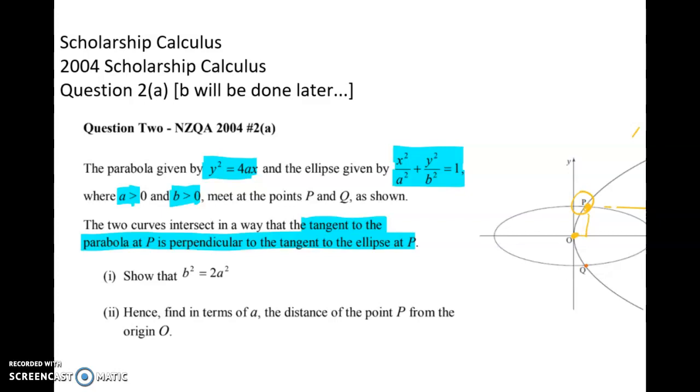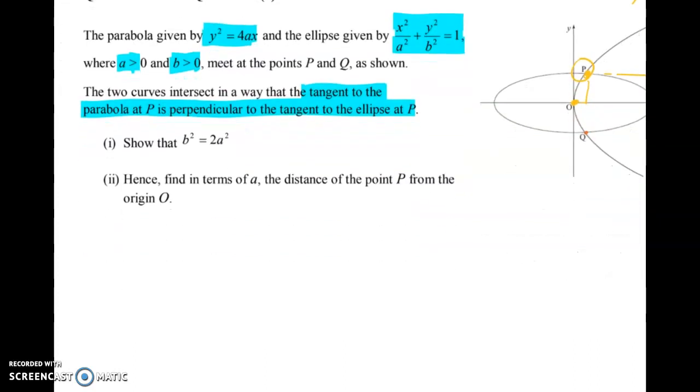What we have to do is to find the tangent to the parabola and the tangent to the ellipse. So we're going to use implicit differentiation to do that. So y squared is equal to 4ax, and x squared over a squared plus y squared over b squared is equal to 1.